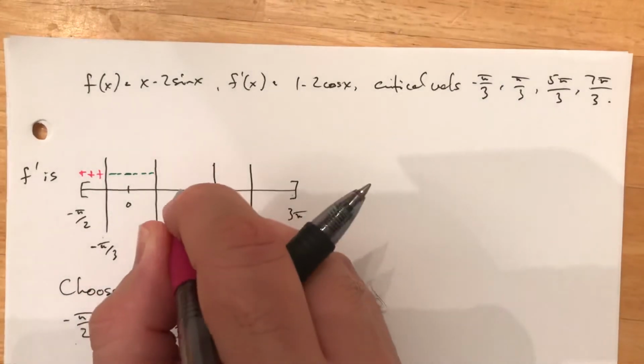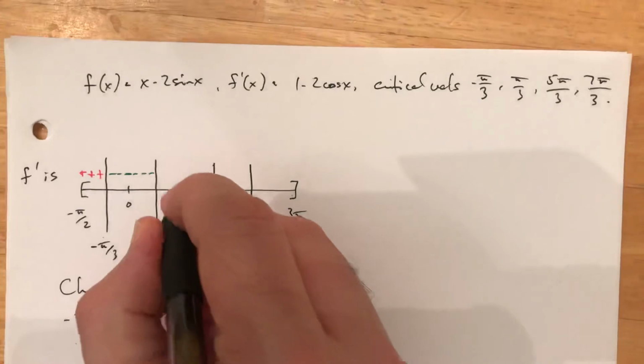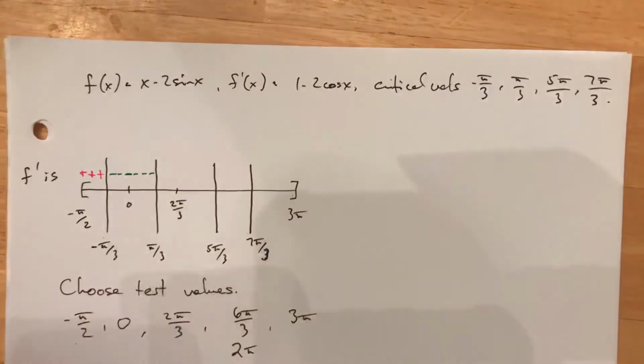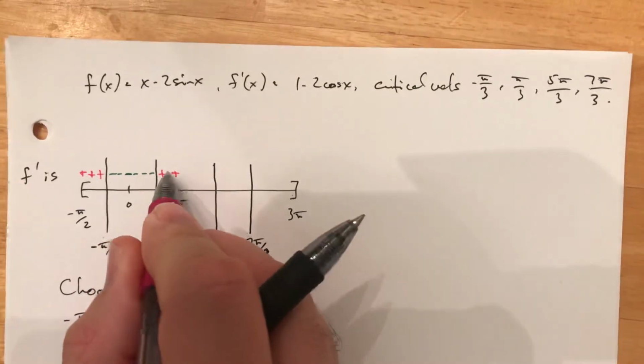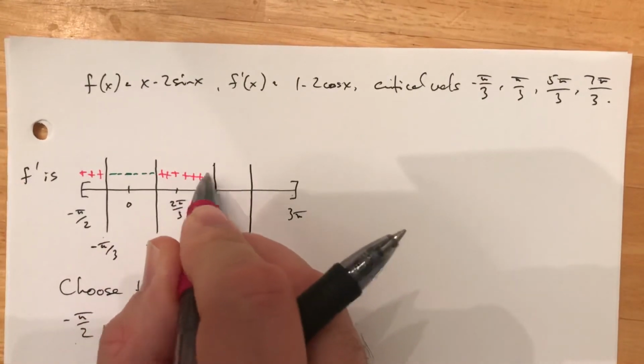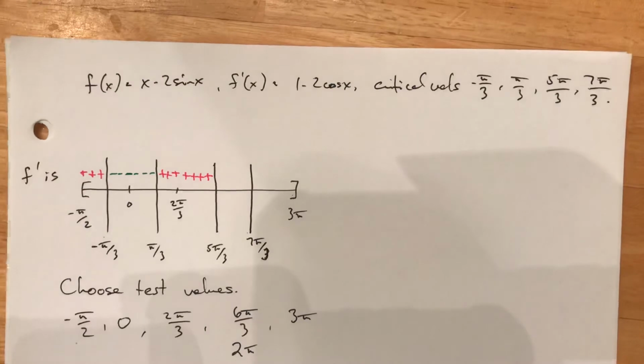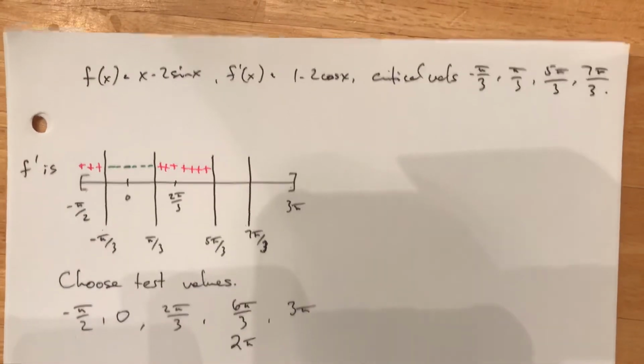So at 2 pi over 3, our derivative is positive, and we've said many times so far that the derivative is going to stay positive throughout that segment, that interval on the number line.